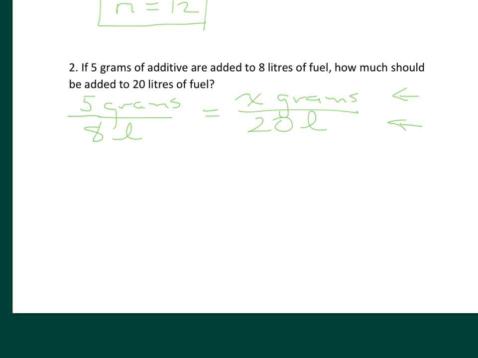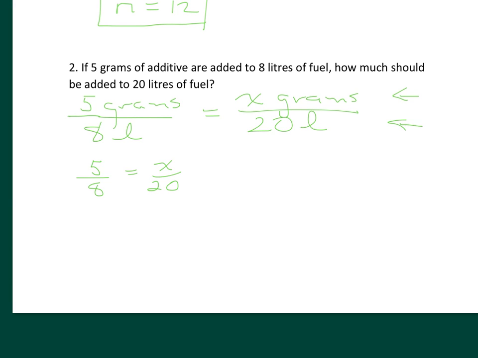You need to keep that the same in order for this to work. Now, you don't need to write the units in the equation. In fact, often adding the units is more confusing. So you could write it like this: 5 to 8 equals x to 20. You just want to make sure that you have the same units in the numerator as in the denominator.